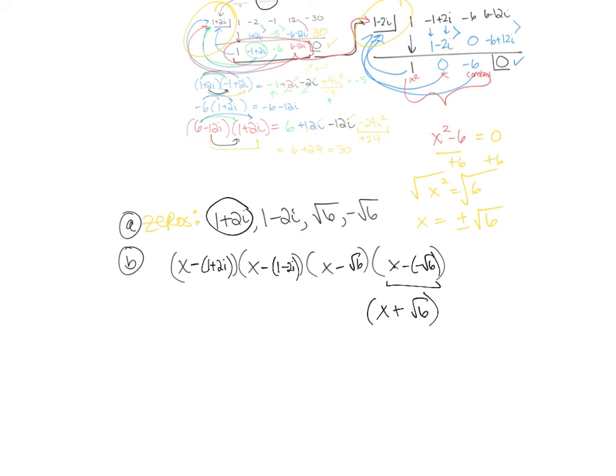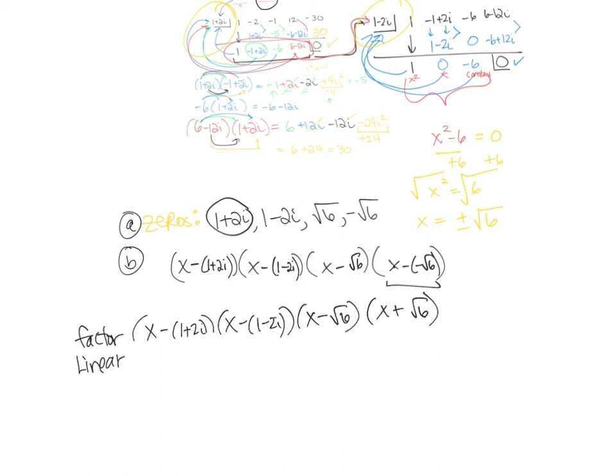So we have that going on. And then I would just leave these, not multiply out through the negative or anything. It's nice because you just look at it and you could see what your zeros are. Okay, so this is factored, and they're all linear factors.